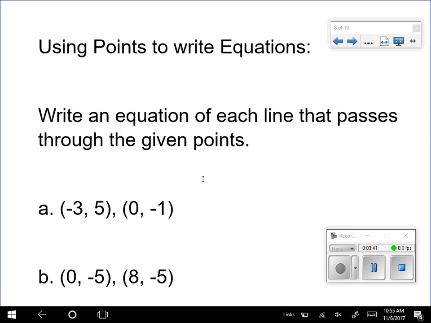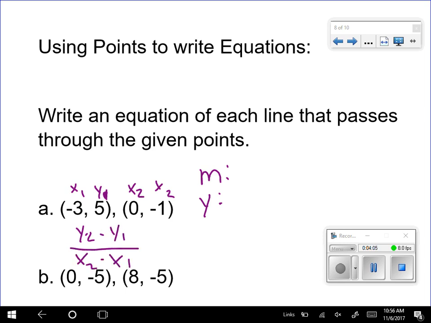Remember, every time we're doing this, we need to find our slope and our y-intercept. For our slope, we learned how to do that by using y2 minus y1 over x2 minus x1. So I can find my slope using that.